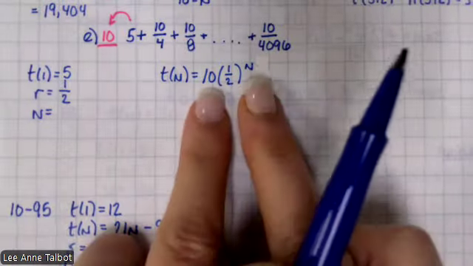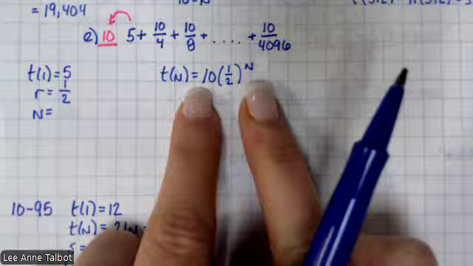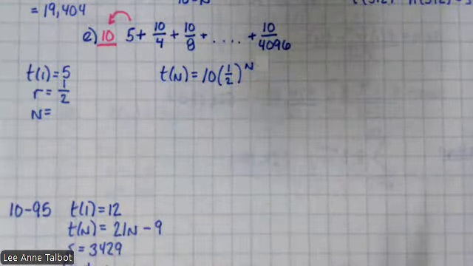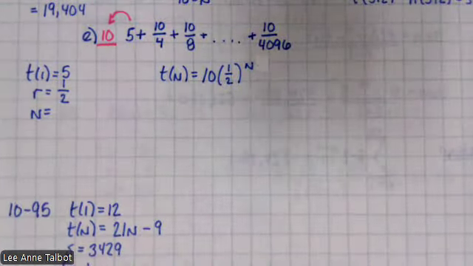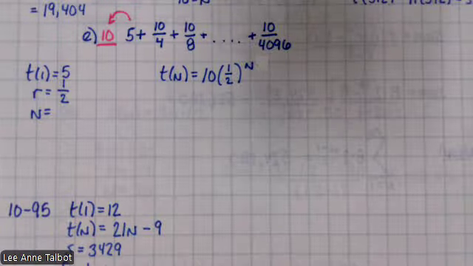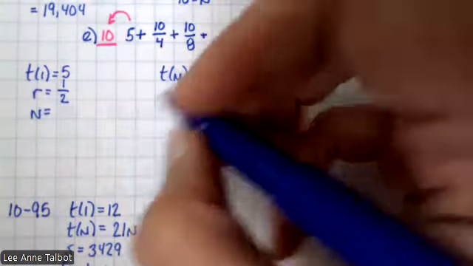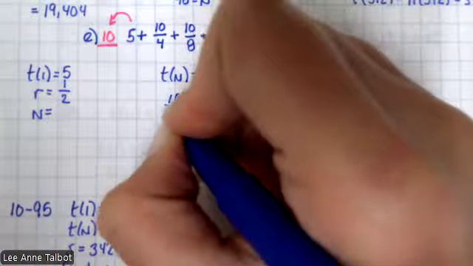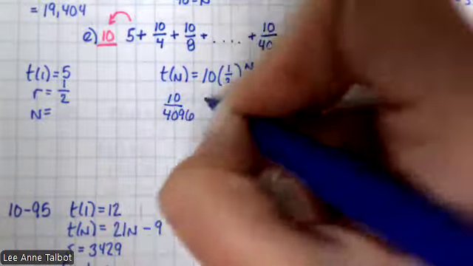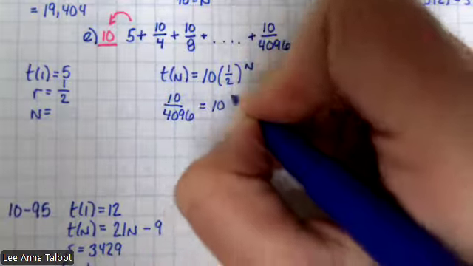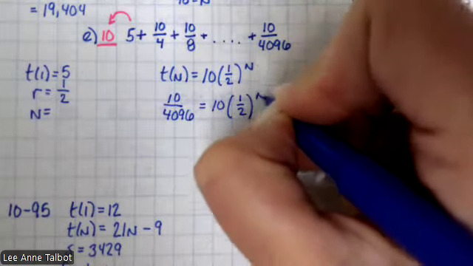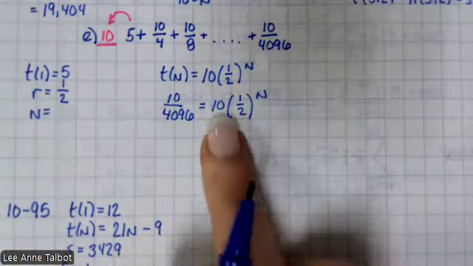Now, could I have done this with the n minus 1? Yes, I could have just left that a 5. But I'm going to log this, so I want the exponent to be as easy as possible. Okay, anyway, I'm going to plug in the 10 over 4,096 because I want to find out what term that is.